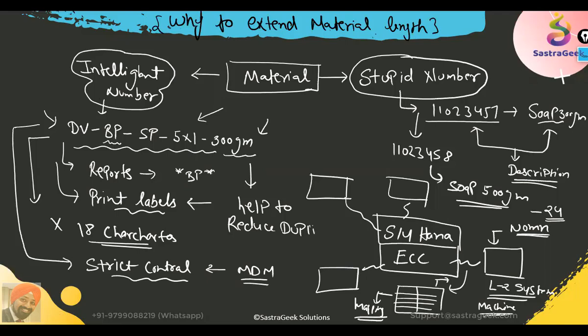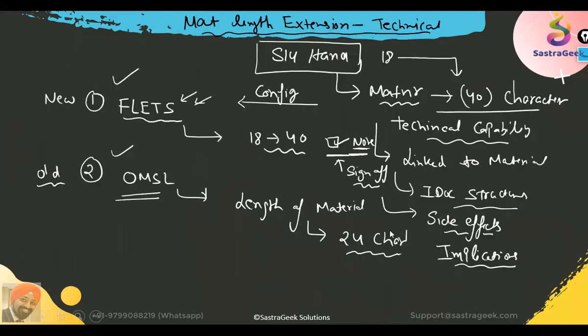That is one of the reasons why they are demanding a bigger number length. Another thing is to support the periphery system, where an interface needs to be developed, and the third party system supports more than 18 characters. To link with them, you also need to increase your number length. So that is another requirement.